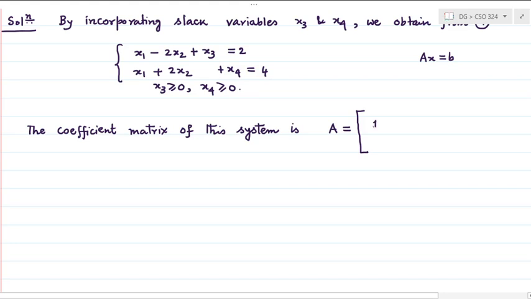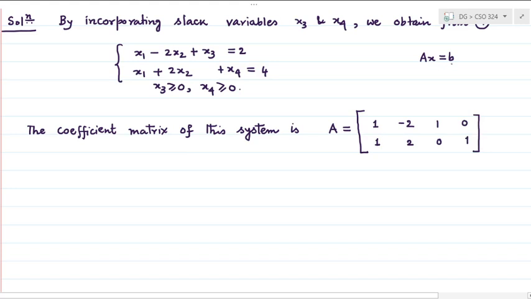The first column is the column of the variable x1, so it is 1 1. Then you have minus 2 2, then you have 1 0, then you have 0 1. Fine. This is your coefficient matrix.